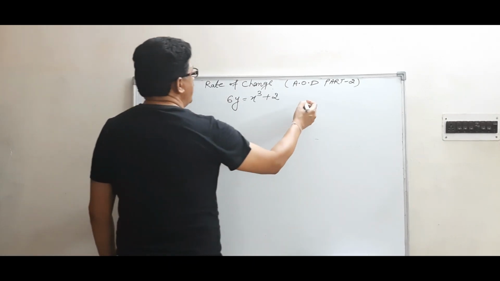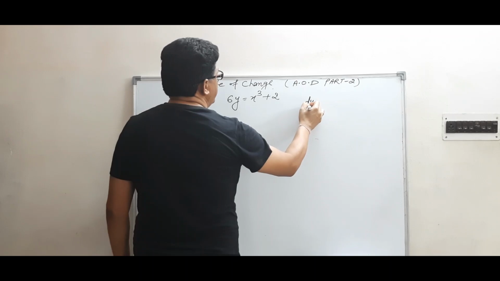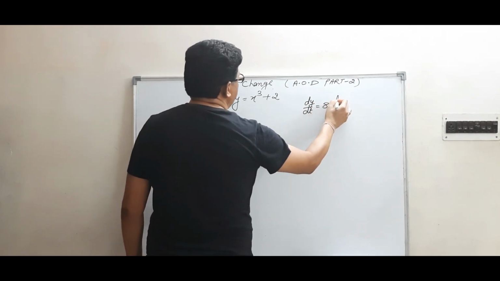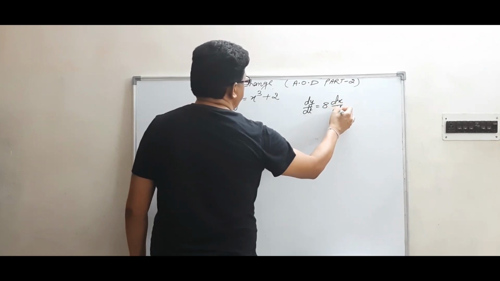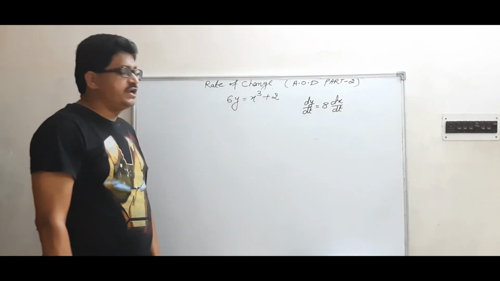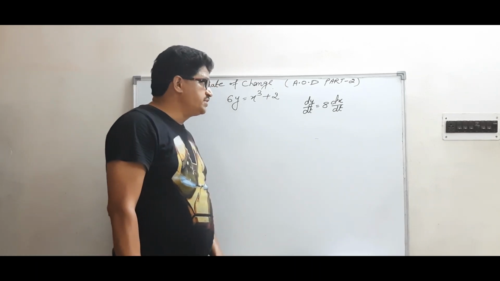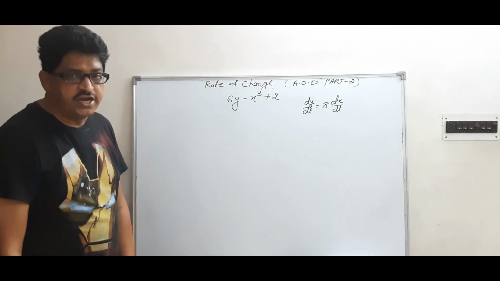So change in y, dy by dt, is 8 times of dx by dt. It is given that dy by dt is 8 times as fast as x coordinate.